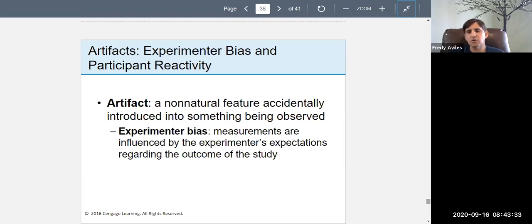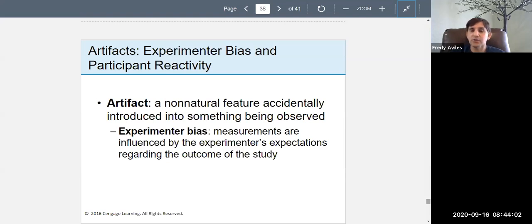And then there's others that don't consume alcohol, and we also measure their aggression. There could be experimenter bias in the sense that maybe the experimenter treats those that have been consuming alcohol a bit more harshly to make them more aggressive. Without even knowing it, he might do that. That is experimenter bias. And that is what can happen when the experimenter knows who's actually gotten alcohol, who has not, when the experimenter knows too much about the study.